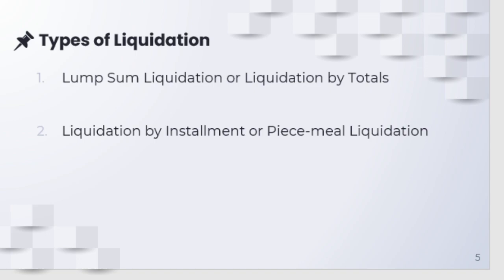So, itong isa naman, liquidation by installment or piecemeal liquidation. Dito kasi sa liquidation, merong mga partnership na medyo marami yung assets or hindi ganun kabilis yung pag-dispose nila ng kanilang assets.